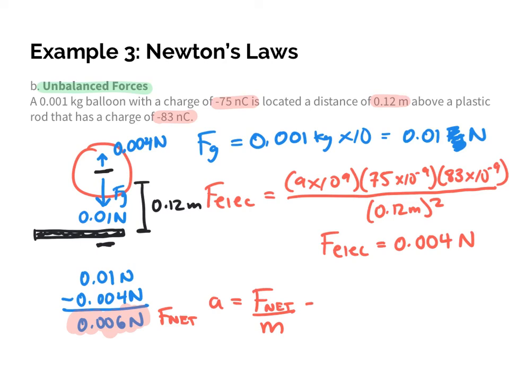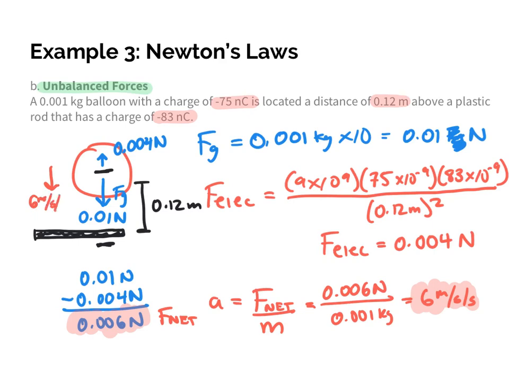So if the net force is 0.006 newtons and the mass of the balloon is 0.001 kilograms, I can find its acceleration, which would be about 6 meters per second each second. And because gravity is the larger of the two forces, I'll show this on my diagram, the balloon would accelerate downward at a rate of 6 meters per second each second.